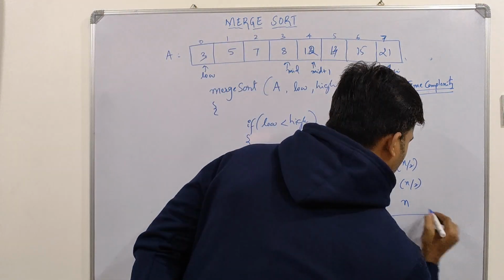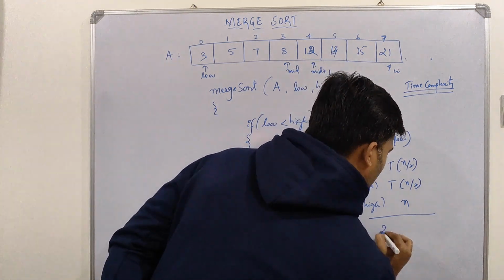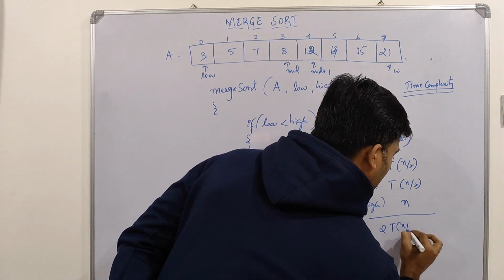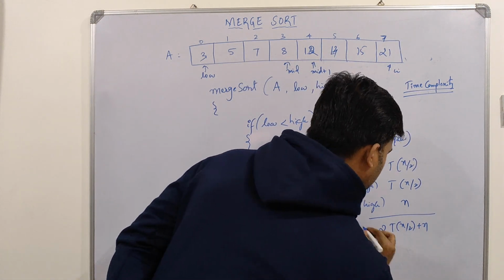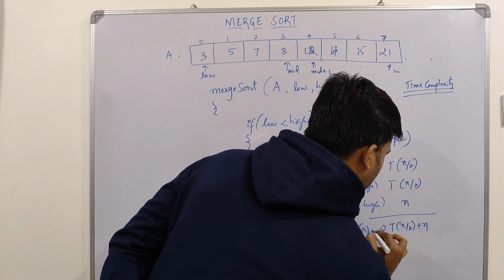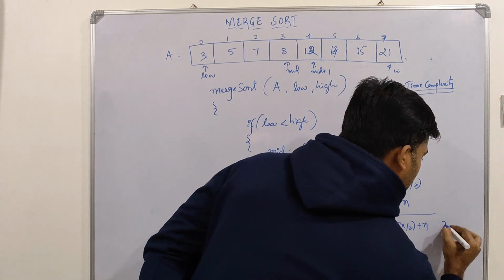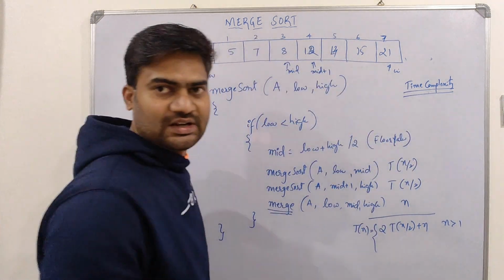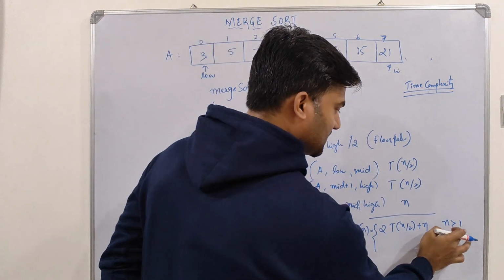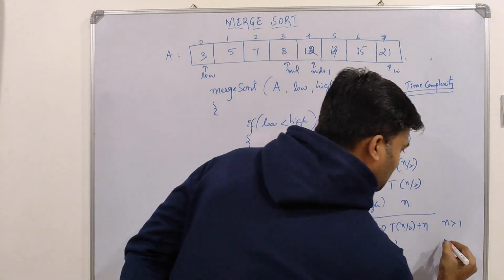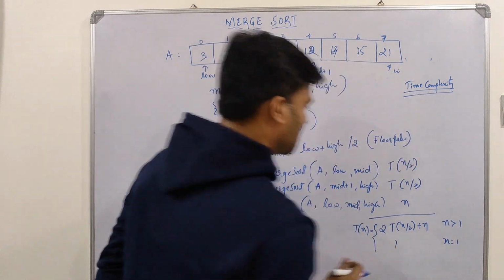So if we total it, it becomes 2T(n/2) plus n. This is our time function, but this is when n is greater than 1.